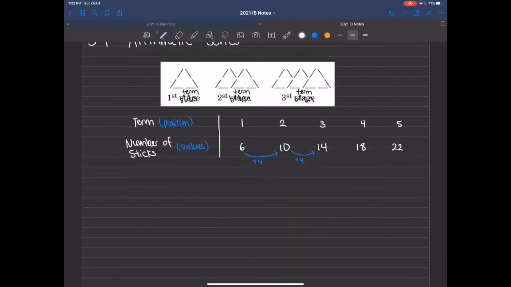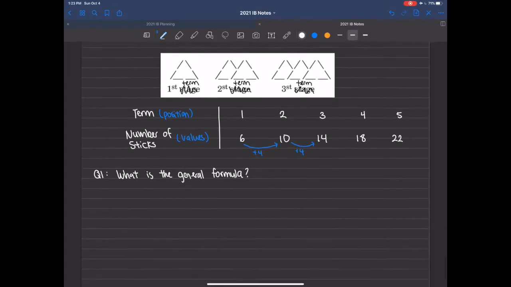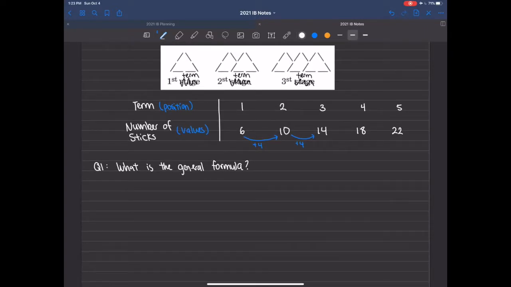So a natural question that you might ask, so let's say Q1, a natural question you might ask is, what is the general formula? And so we're going to build off that arithmetic sequence formula that we've been using a lot to figure out the answer.